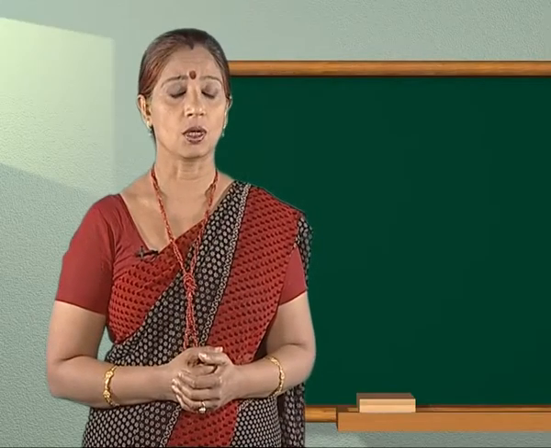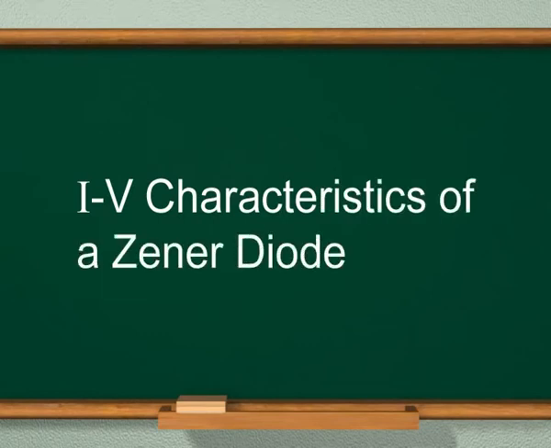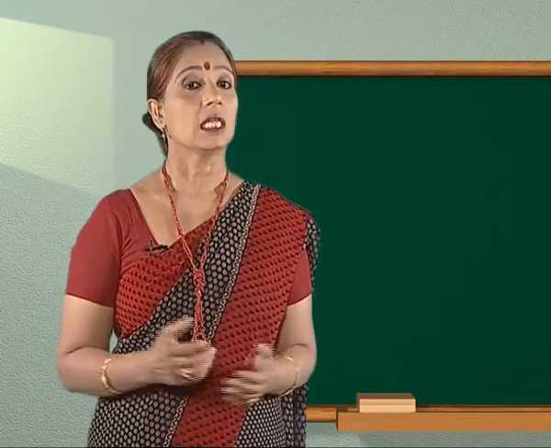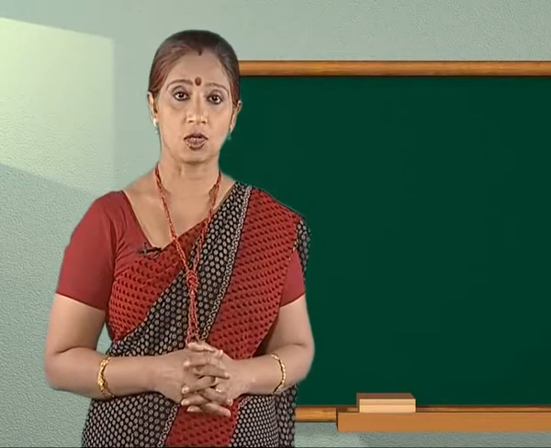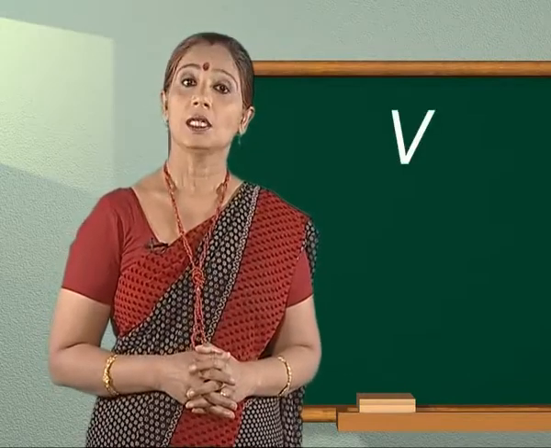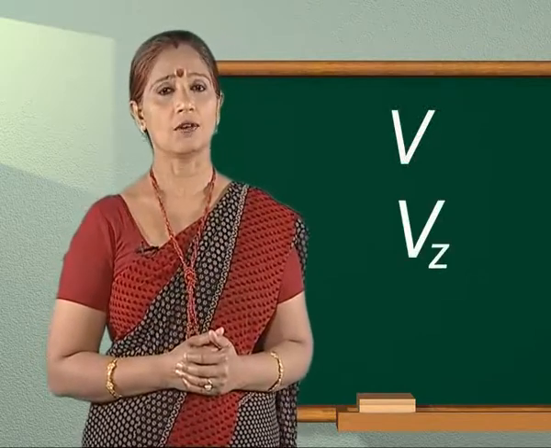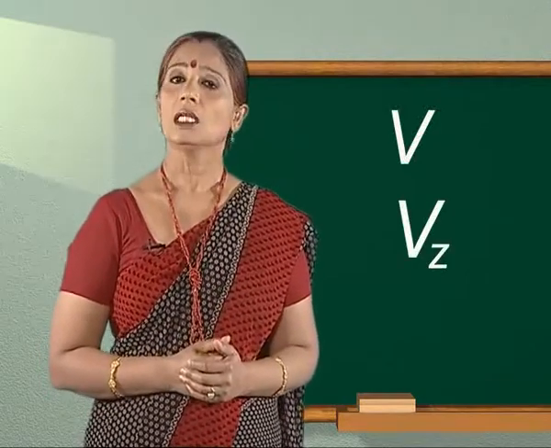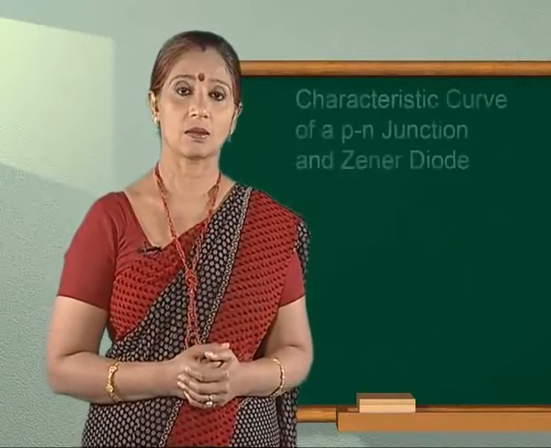Here are shown the current voltage characteristics of a Zener diode. It is seen that when the applied reverse bias voltage V reaches the breakdown voltage Vz of the Zener diode, there is a large change in the current.